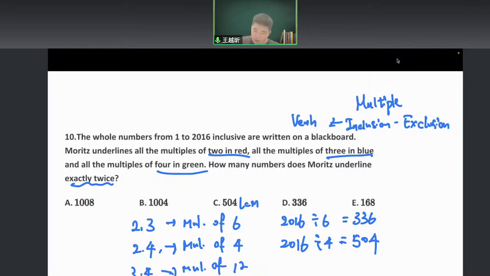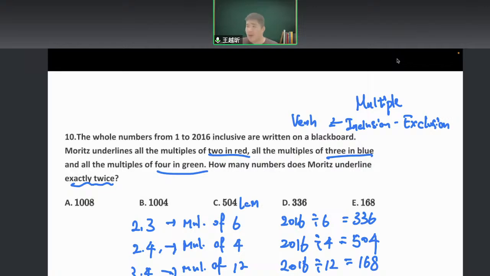So how many multiples of 12 do we have? 2016 divided by 12. I'll do the calculation for you, and the answer is 168.